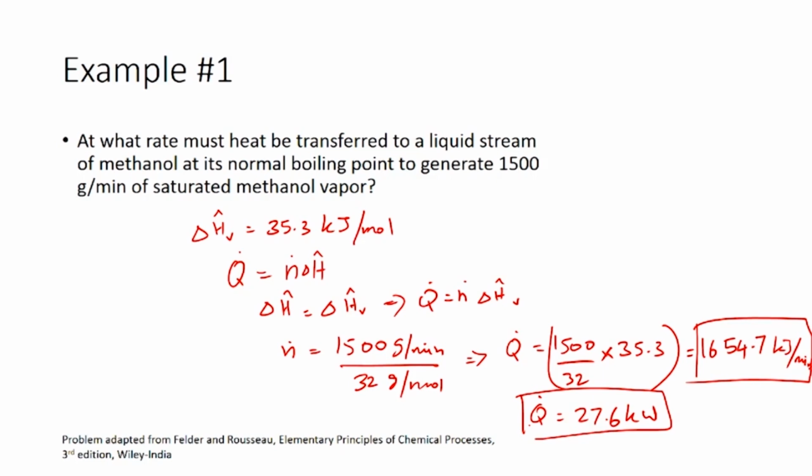However, usually in real scenarios problems are a little more complicated because the phase change might not be happening at its boiling point. Then you would have to assume a hypothetical path, which would make the problem a little more complicated.